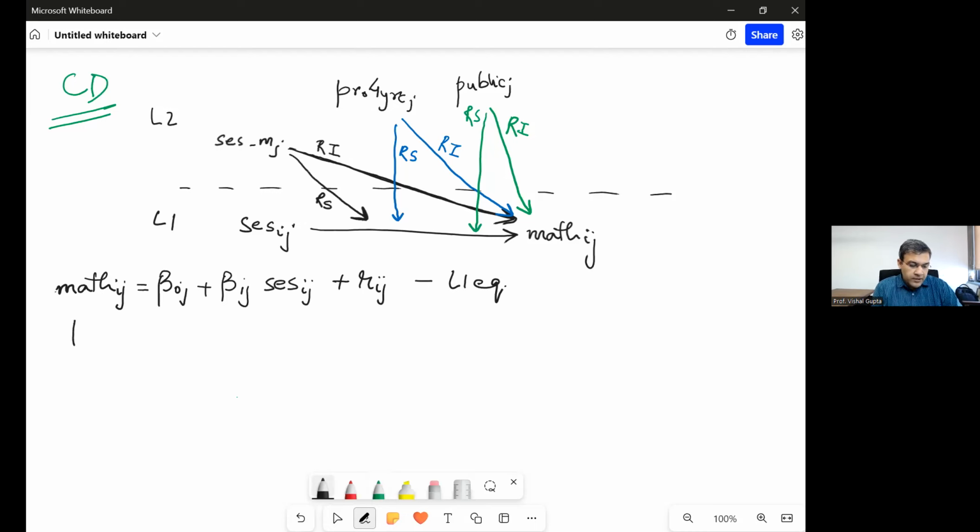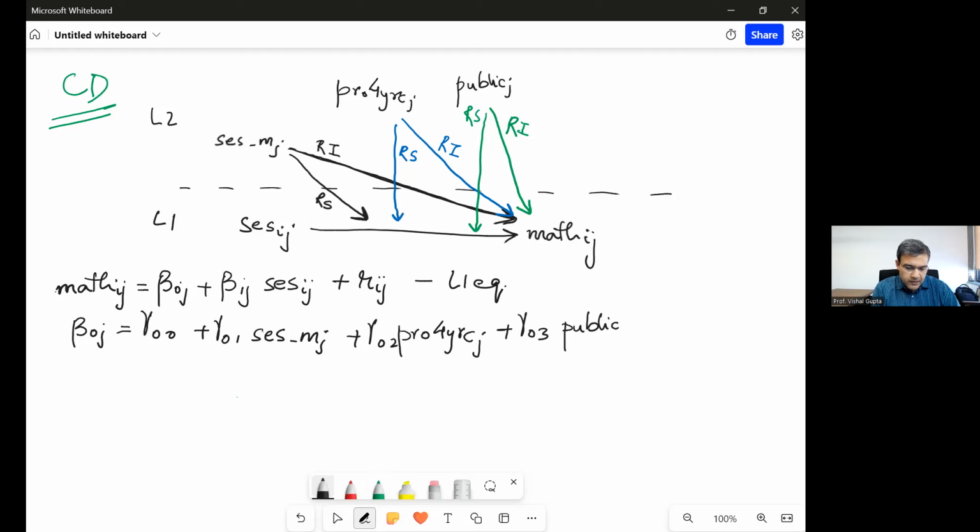Now beta 0j is equal to gamma 00 plus gamma 01 SES mean j plus gamma 02 pro 4-year college j plus gamma 03 public j plus u0j, and beta 1j.